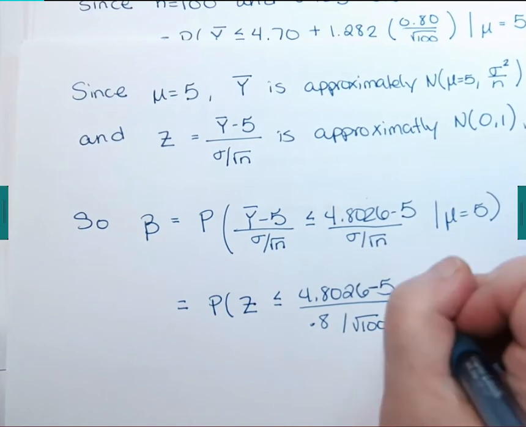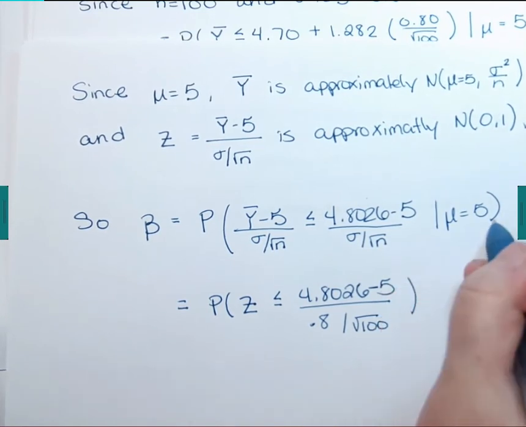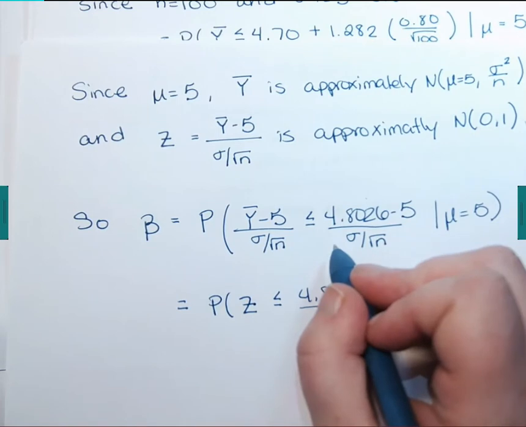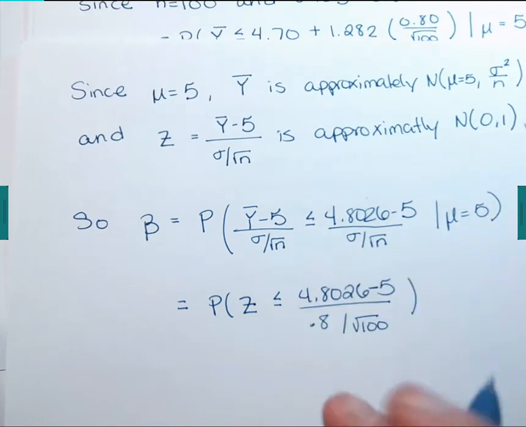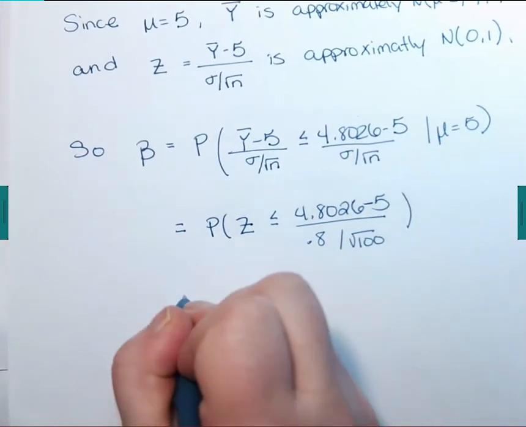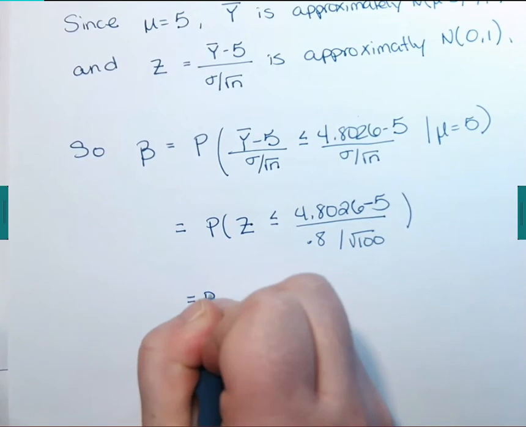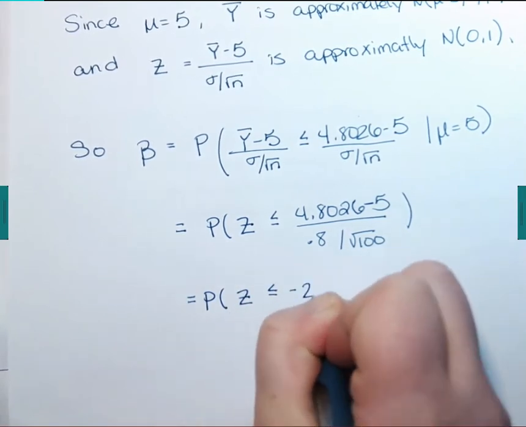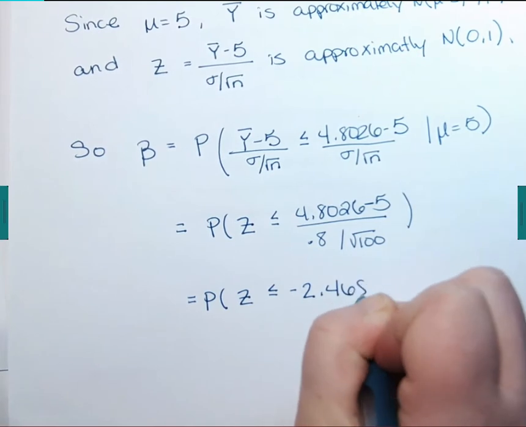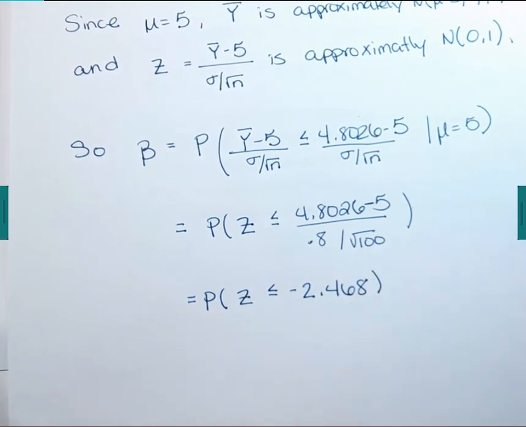And at this point we can drop the given mu is equal to 5 because we've already incorporated that information here. So this becomes the probability that z is less than or equal to negative 2.468, and we can look that up on our calculator.